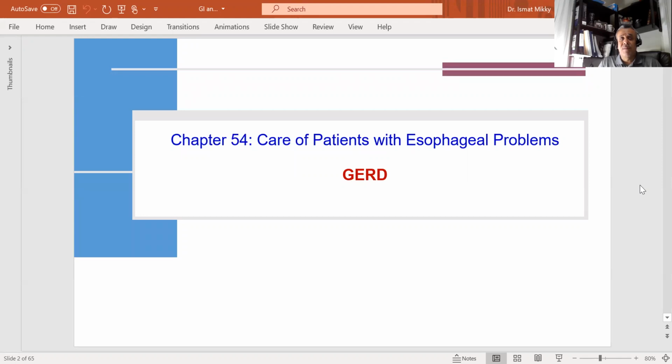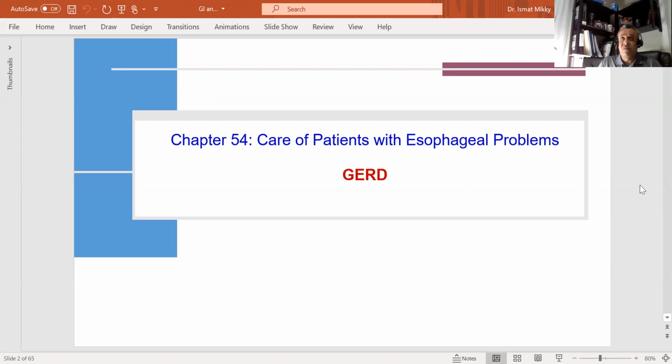The treatment will start with lifestyle modifications, like elevating the head of the bed, avoiding bedtime snacks, and avoiding triggering foods like fatty food, chocolate, mint, alcohol, cigarettes, and NSAIDs, and also promoting weight loss.